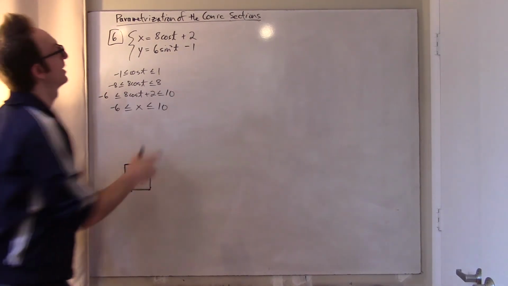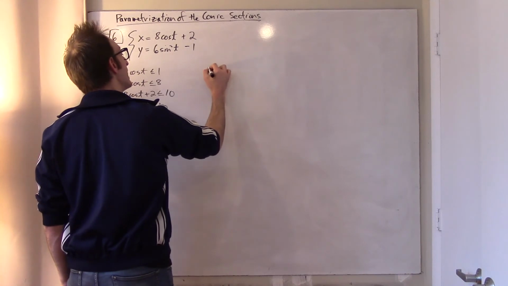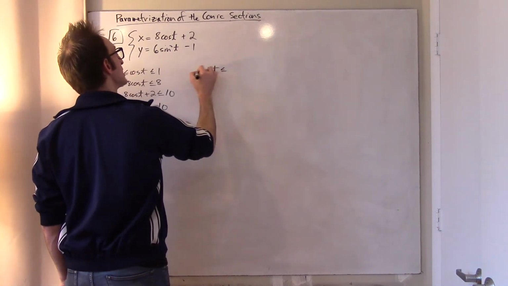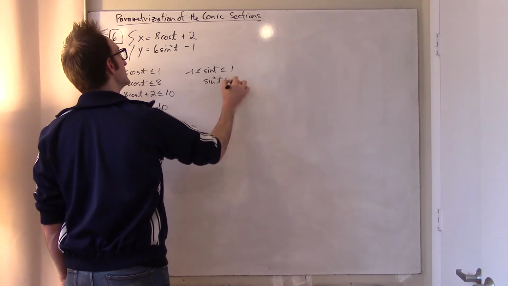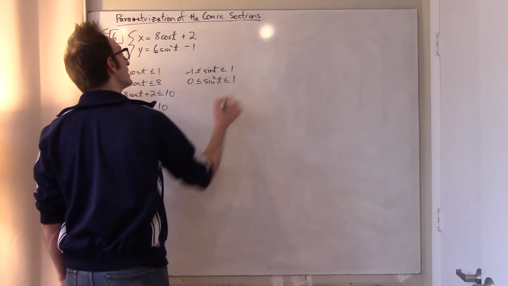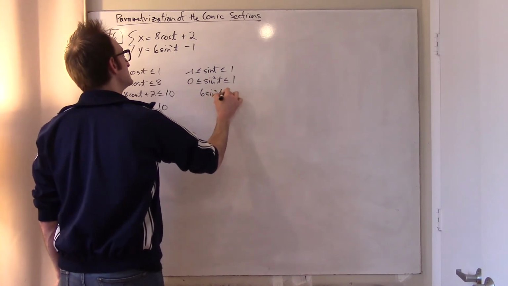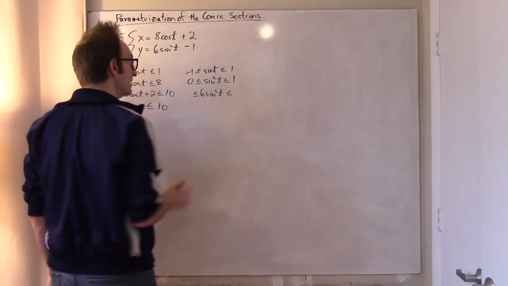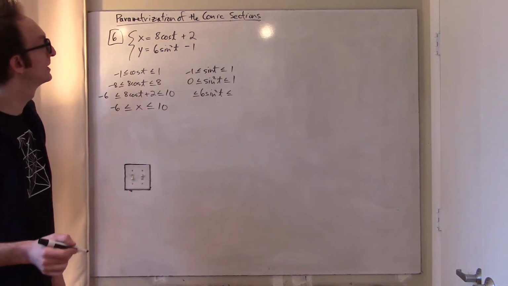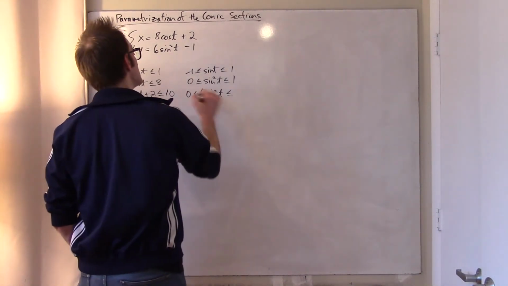Next, what can I say about y? Well, sine t is always between negative 1 and 1. So sine squared t is always going to be between 0 and 1. So 6 sine squared t is always going to be between 0 and 6.